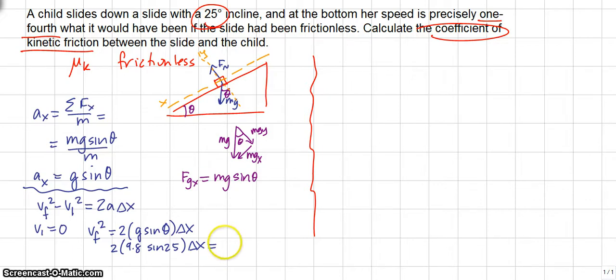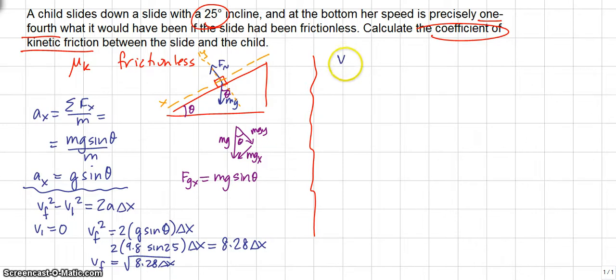Taking out my calculator and plugging this in, I get 8.28 times whatever delta x is. And so v final is the square root of 8.28 times delta x. Now it says the speed at the bottom is 1/4 of what it would have been if it were frictionless.